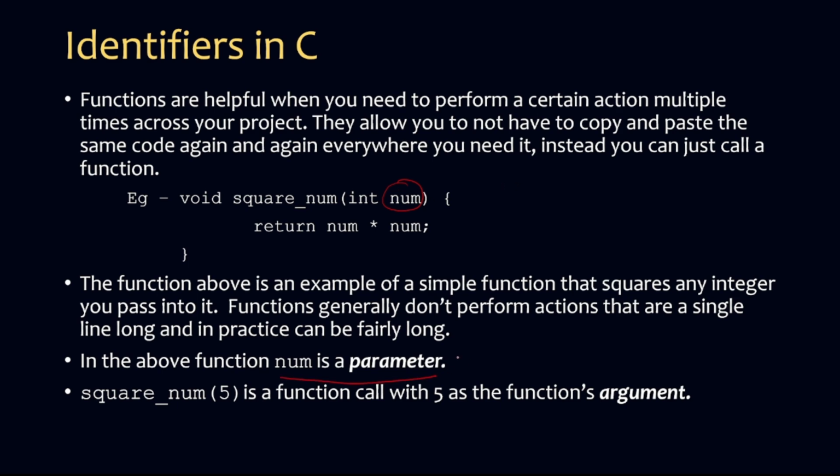Num is the parameter. And the value that num is going to hold because of our function call is the function's argument. Okay. So basically what happens is that num becomes 5 because we are entering a value inside this, right? So this here is a function call.